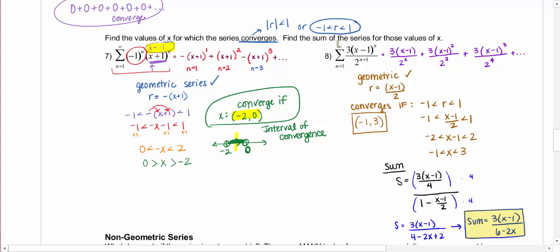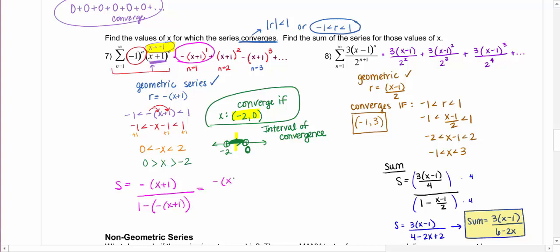So find the sum of the series. If we're within those x values, we can find the sum of the series. And the sum of the series is your first term. Again, if I have them written out, it's much more helpful to me, over 1 minus the rate. And this is where we have to be careful with our parentheses.